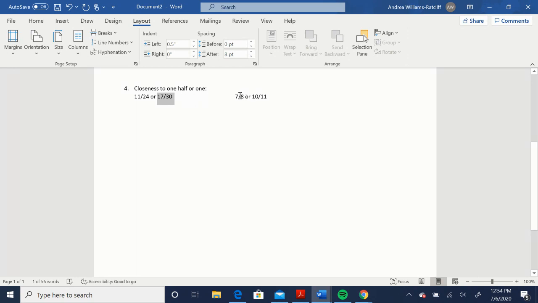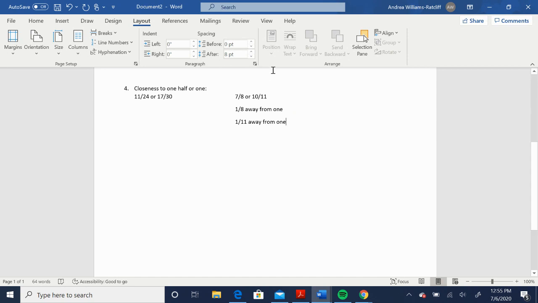Okay, so let's look at 7/8 first. How close is it to 1? We would need an additional 1/8. So this one is 1/8 away from 1. Now what about 10/11? This one is 1/11 away from 1.